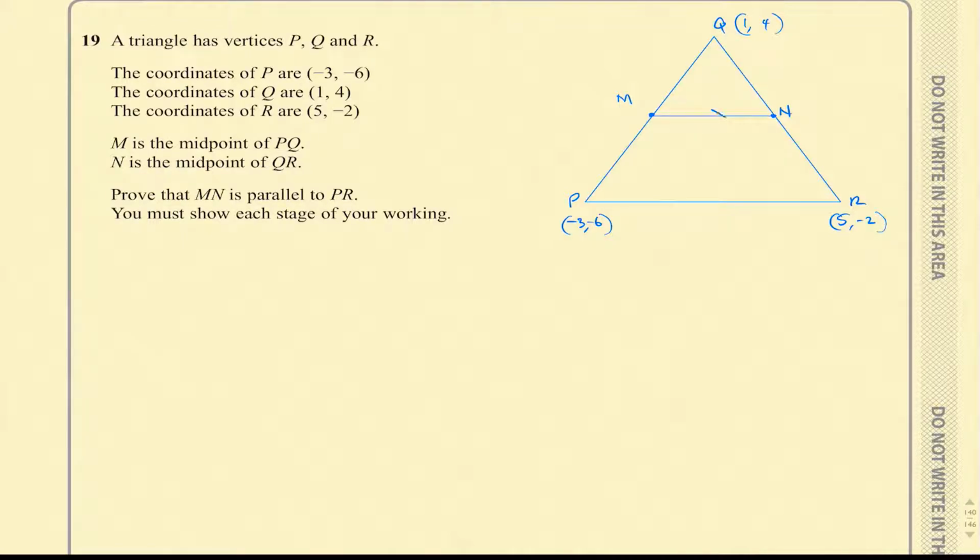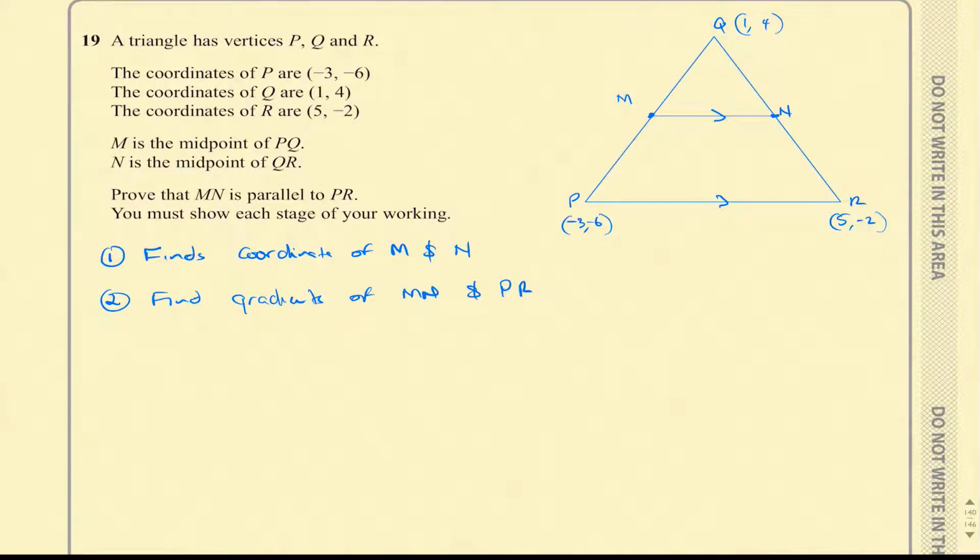In order to do that, first find the coordinates of M and N, and then find the gradient of MN and PR. If the gradients are the same, then they're parallel.